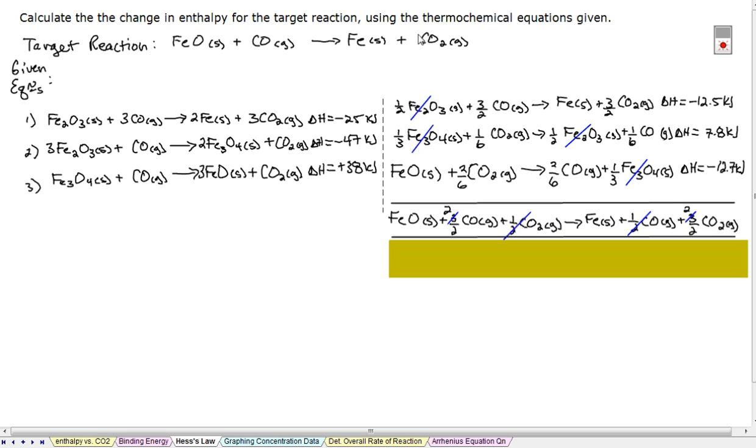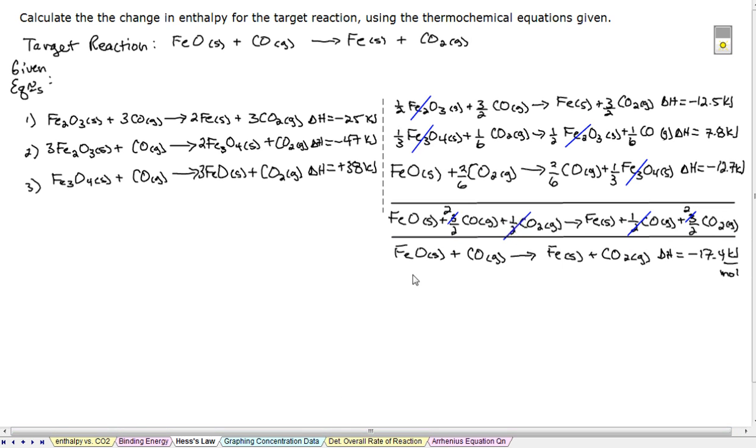And lo and behold, I only want 1 CO2 there. Same thing here. I had 1/2 carbon monoxide left over, and I had 3/2 of carbon monoxide on this side. So if I take 1/2 from 3/2, I'm left with 2/2, which is 1. And take a look at that, I now get a chance to balance everything out, and I get my target equation.